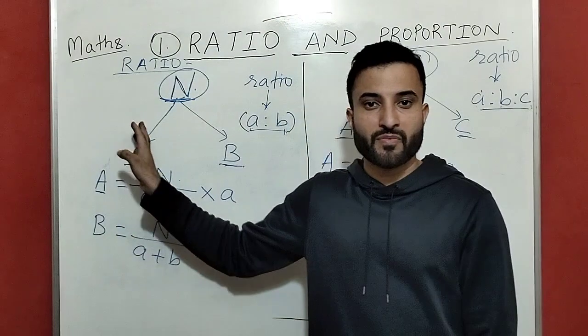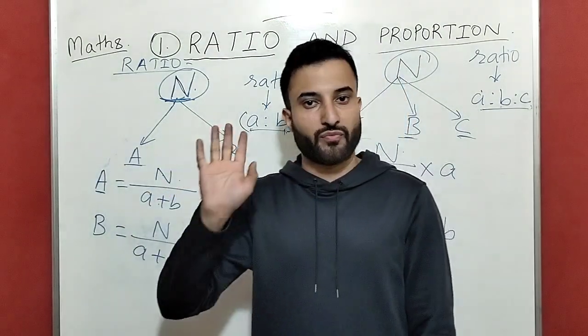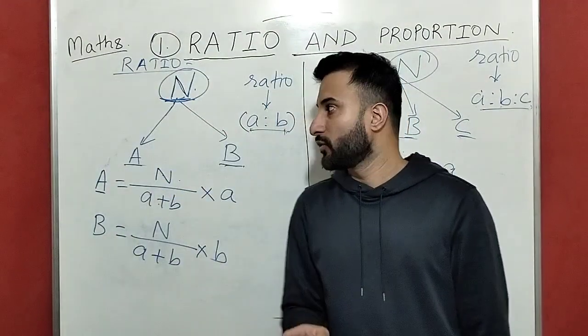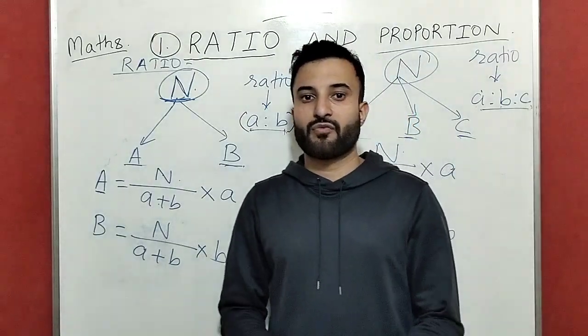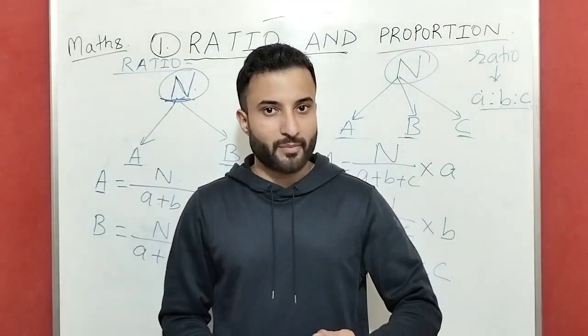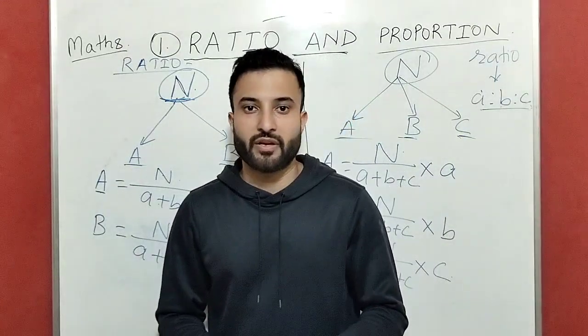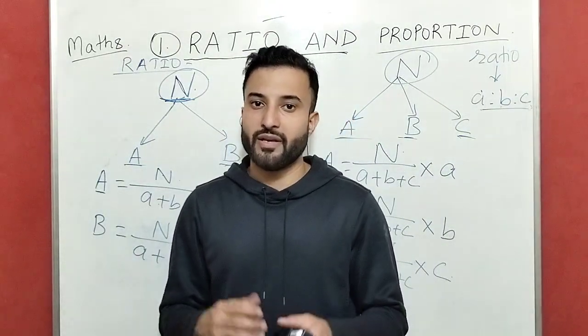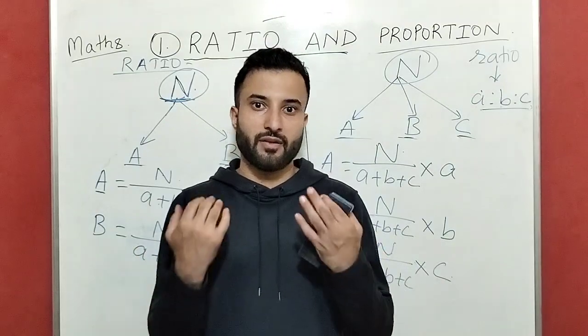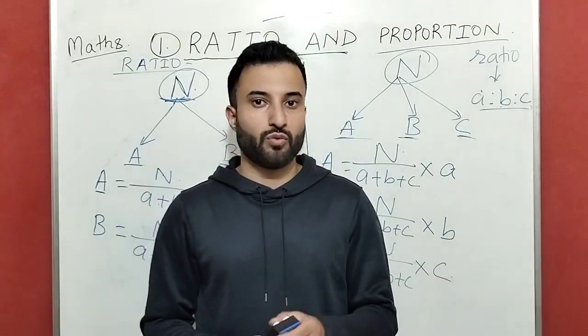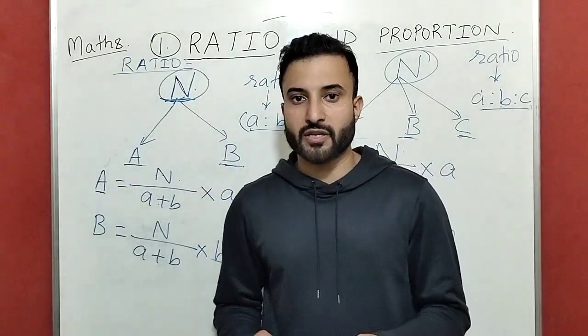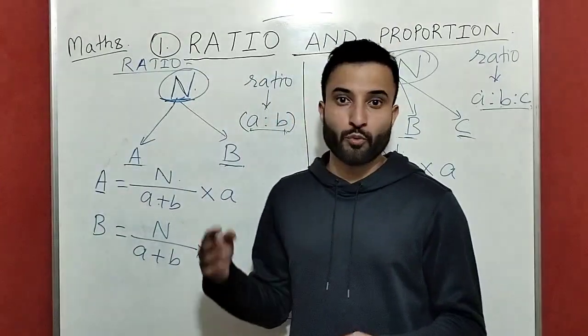Do my problems, that is enough for you to score good marks and clear the subject. If you have any doubt, please ask in the comment section. I am ready to give the answer. Or if you have any feedback regarding the classes, please feel free to write in the comment section, because it will help me to improve.